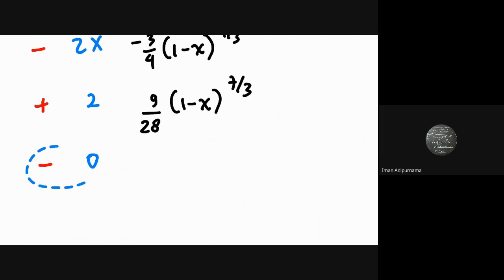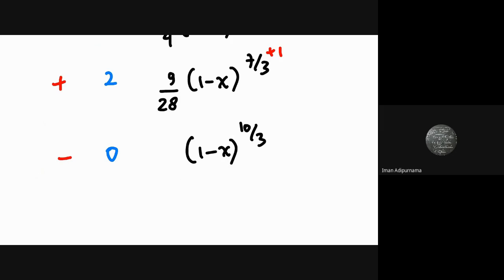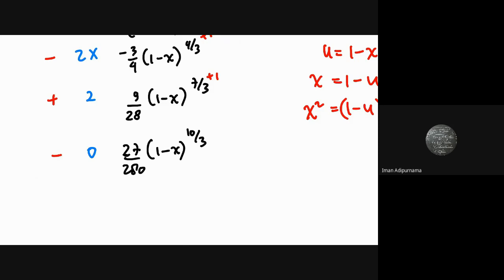Okay, one more. Again, this is plus 1, so it should be 10 over 3. And this should be negative. 3 over 10 is 27 over, okay, should be negative.